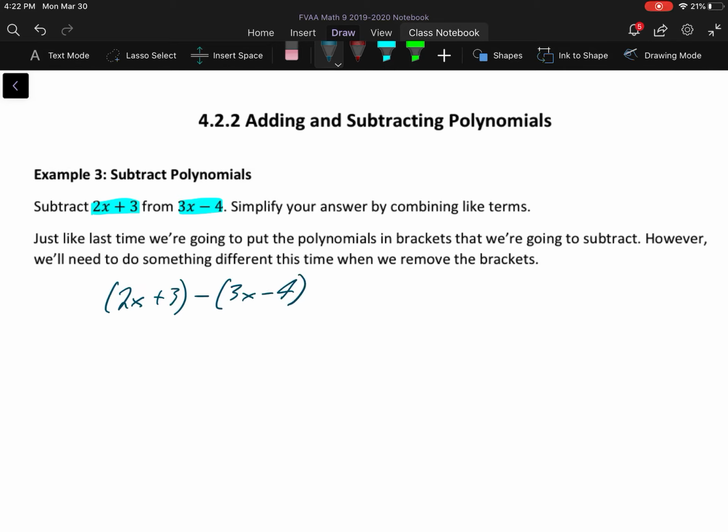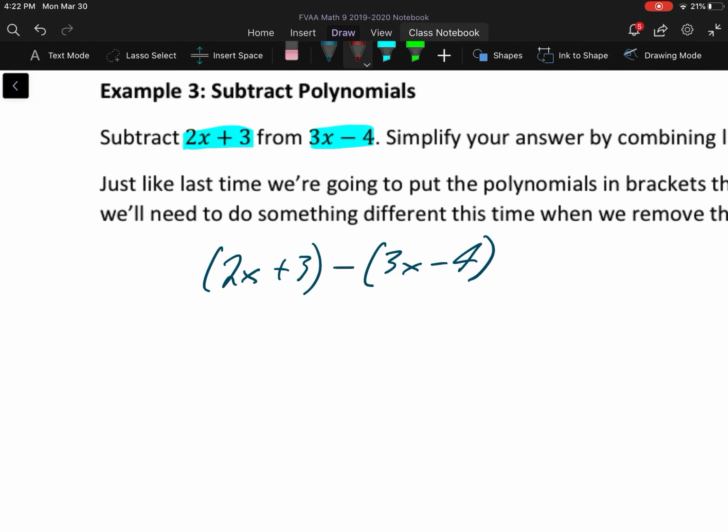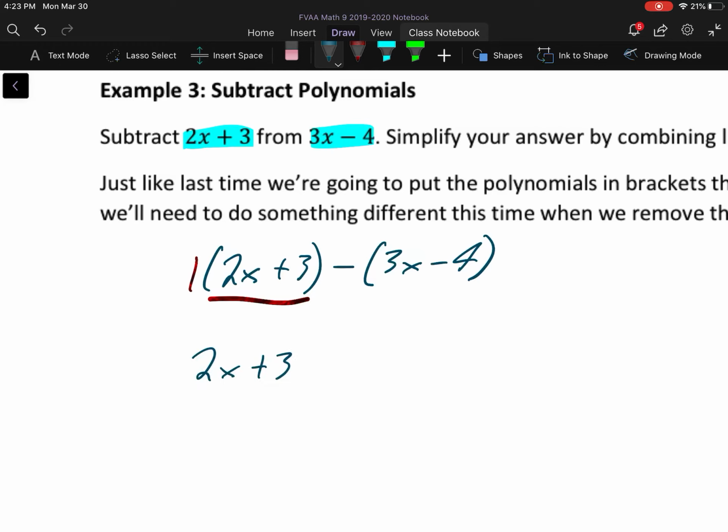However, we'll need to do something different this time when we remove the brackets, okay? So just like last time, in order to get rid of a bracket, the idea is that you're multiplying the bracket by the coefficient in front of the bracket. So for the polynomial on the left, I'm multiplying the polynomial by positive 1, and I just end up with exactly what I had there before, which is 2x plus 3, right? 2x times 1 is 2x, 1 times 3 is 3.